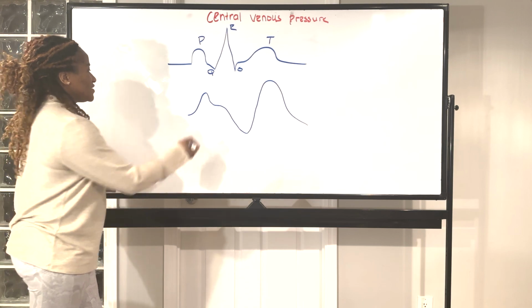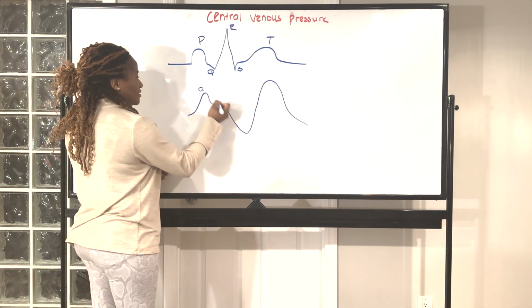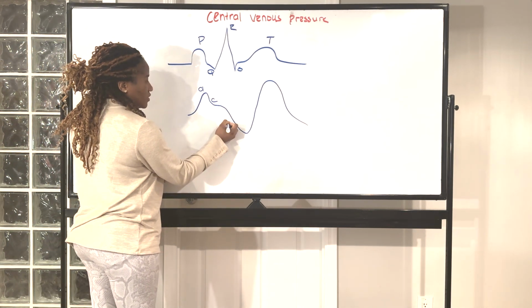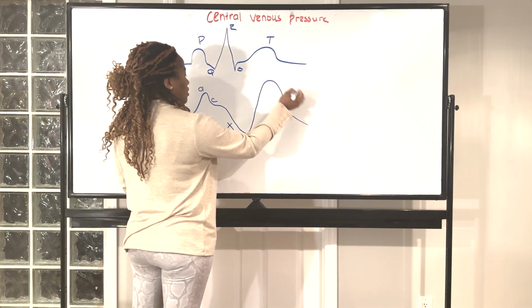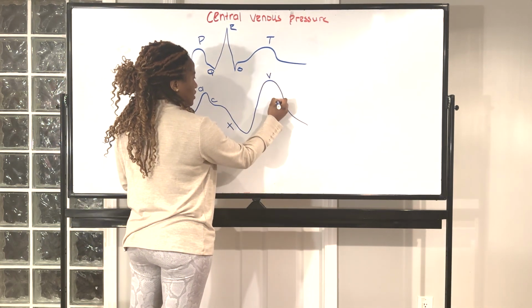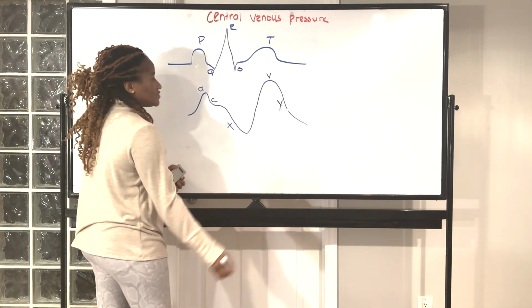All right, so here is gonna be A, C, our X descent, our V, and our Y descent.